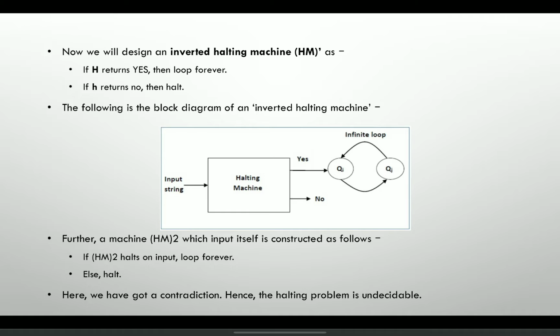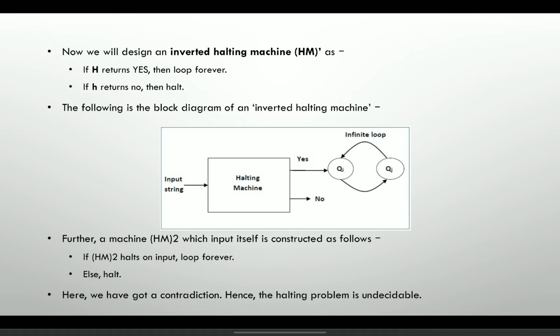Here we give an input string to this halting machine, and if the result is yes during each halt, then the program goes into an infinite loop. Otherwise, the machine halts. That is, if H returns yes, then loop forever. If H returns no, then halt.